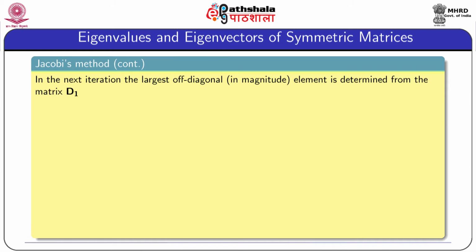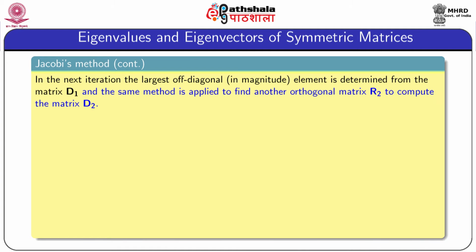In the next iteration, the largest off diagonal element in terms of magnitude is determined from the matrix D1, and the same method is applied to find another orthogonal matrix R2 to compute the matrix D2. That is D2 equal to R2 inverse D1 into R2, where R2 is the next orthogonal transformation matrix, D1 is the first iterated matrix and D2 is the new iterated matrix.